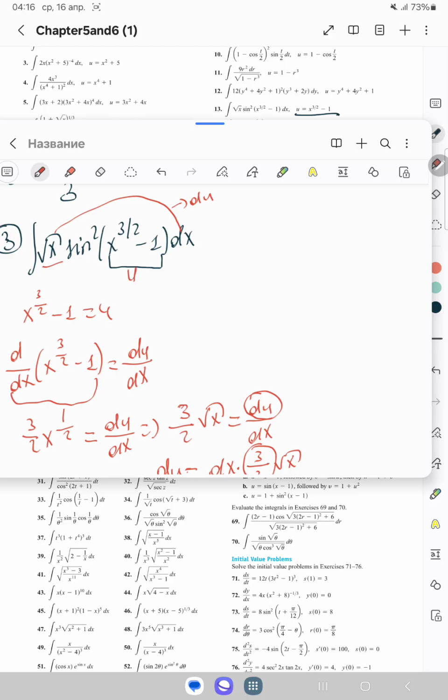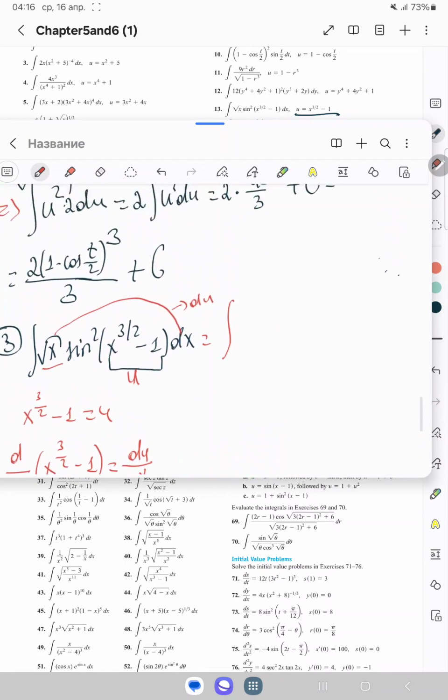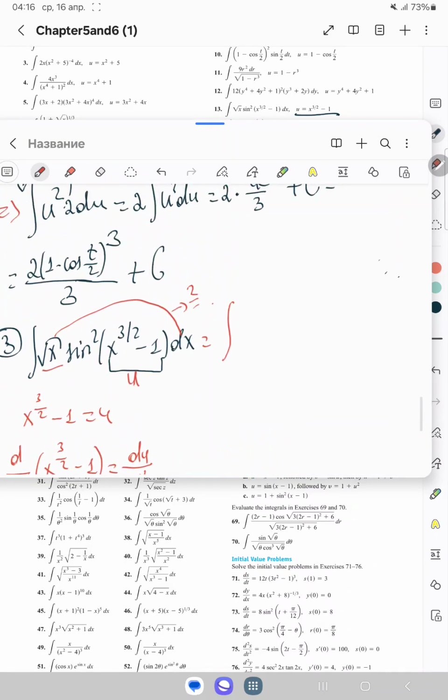Instead of this, I will write u. So it becomes, not du, but sorry, 2 over 3 times du. So it becomes something like this: sine squared u times 2 over 3 du.